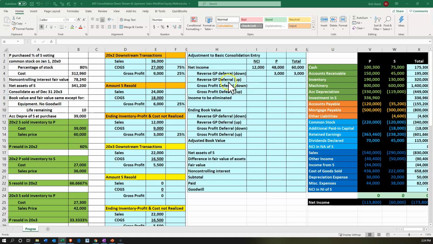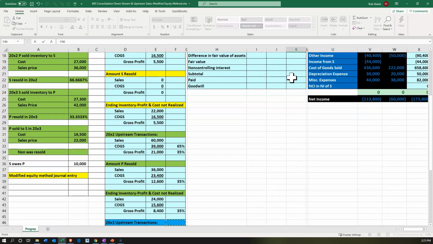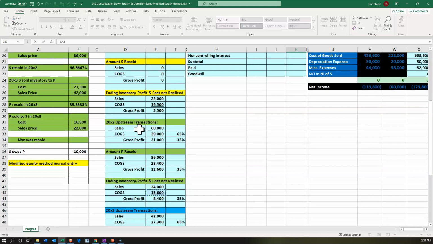These first two are kind of like the prior year transactions. So now we're going to take a look at the up prior year transaction, which is going to be the negative of, I'm going to go down to the prior year. Here I am in 2000x2, and we want this item of the 8,400.